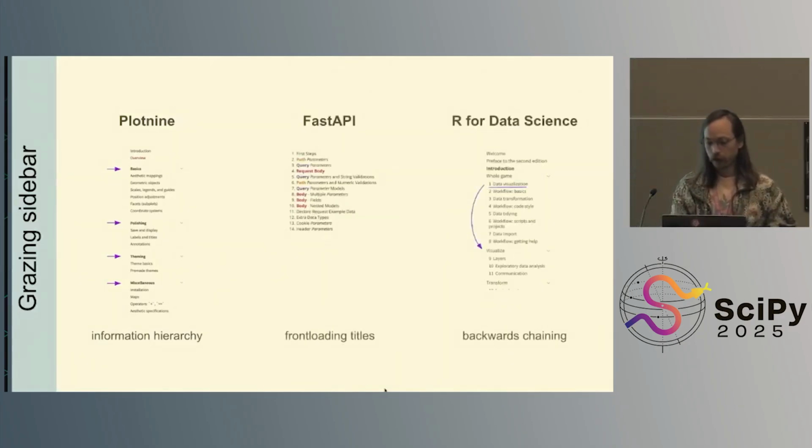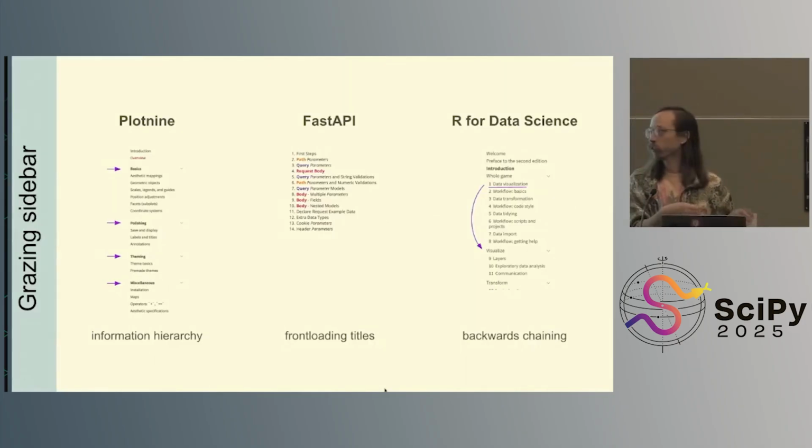Again, I'll hit on a FastAPI and R for Data Science example to flesh out different focuses for sidebars and grazing: one's front loading and the other I'll call backwards chaining. All right. So I'm going to go down the line with Plot9, then FastAPI, then R for Data Science to highlight key focuses for onboarding and grazing.